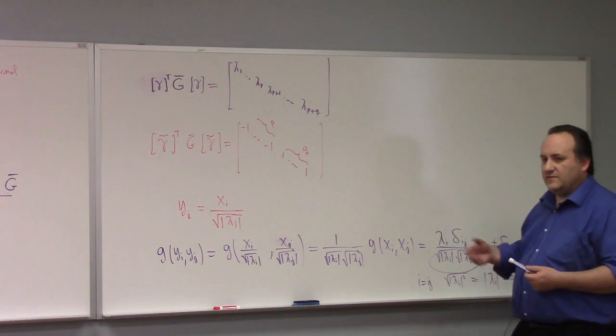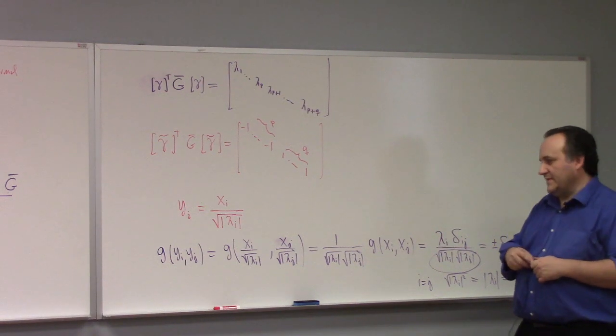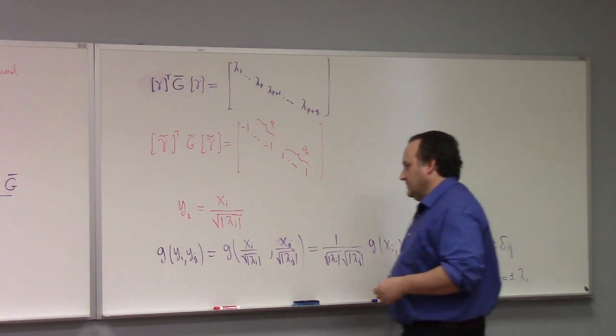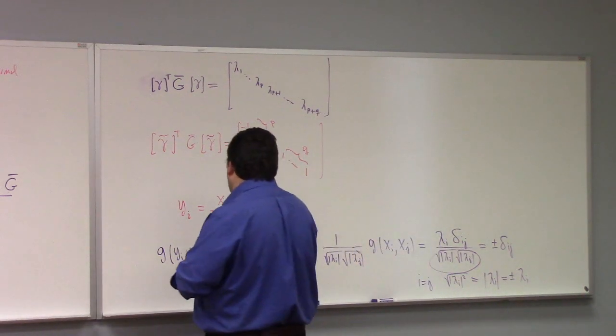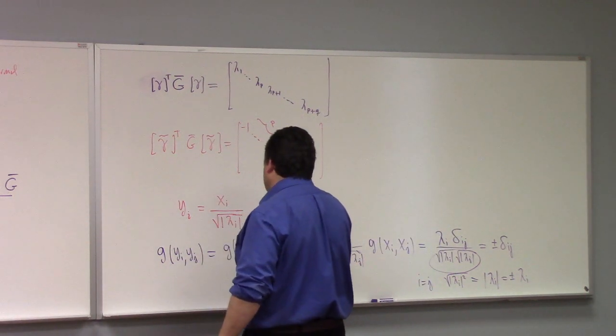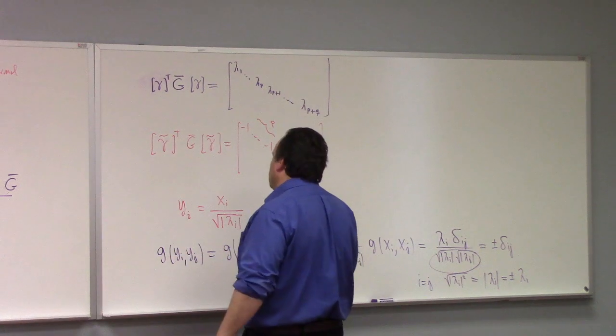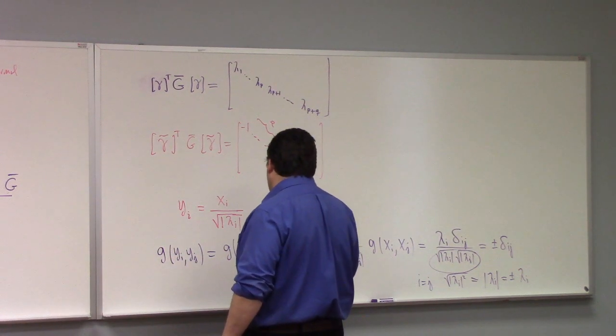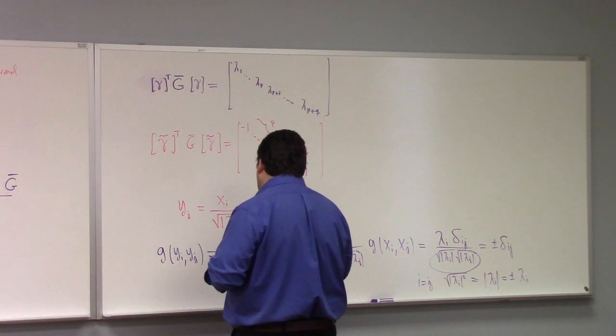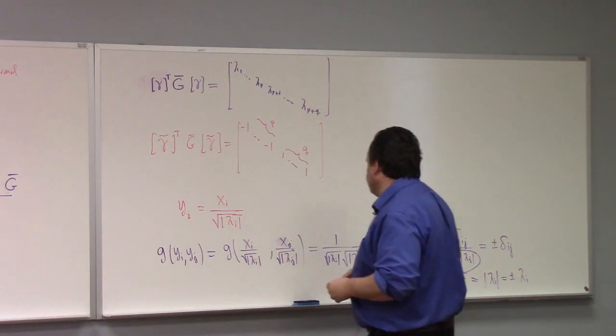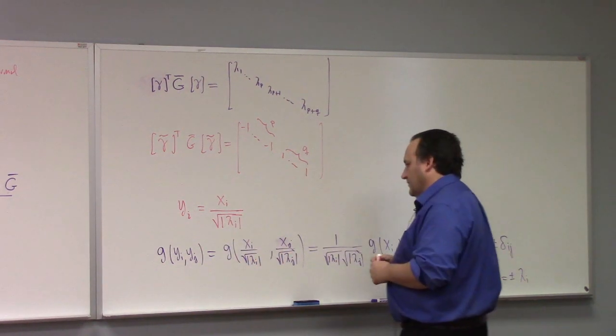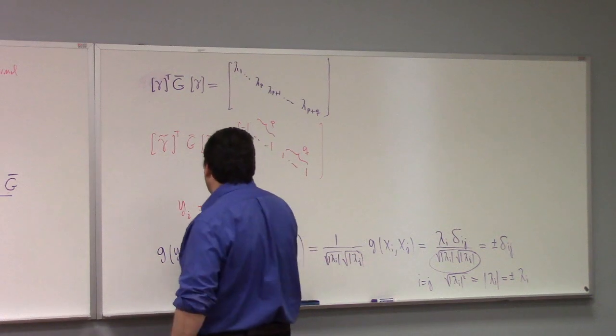I'm putting column vectors into the abstract bilinear mapping. That's not right. So I need to say something like, well, anyway, this isn't quite right.